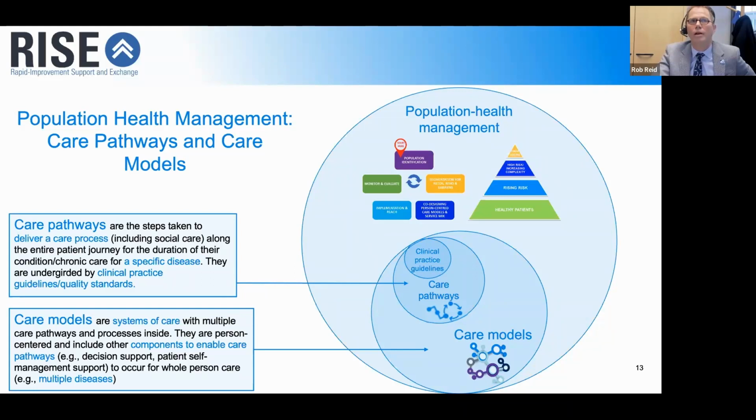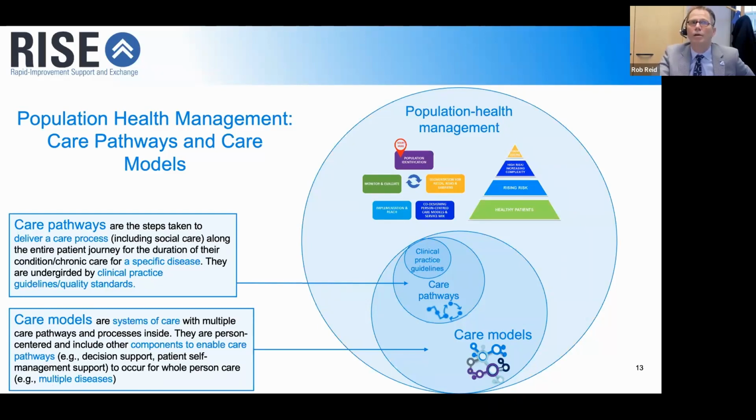And remember that the care pathways are always girded by clinical practice guidelines that we agree to and health standards, for instance, from Ontario Health are embedded within clinical guidelines or within care pathways.